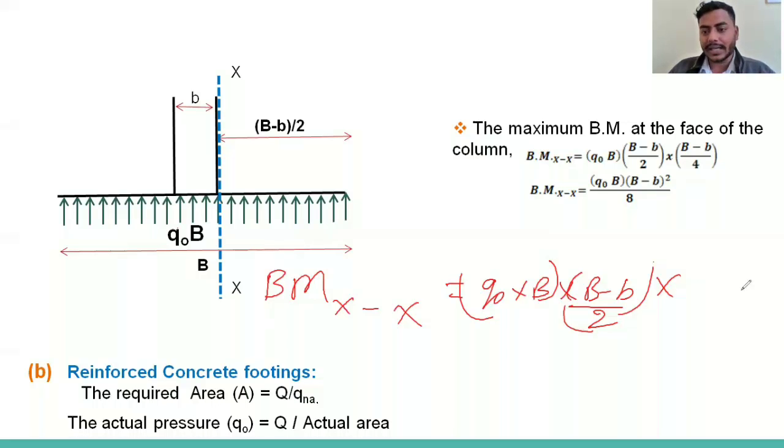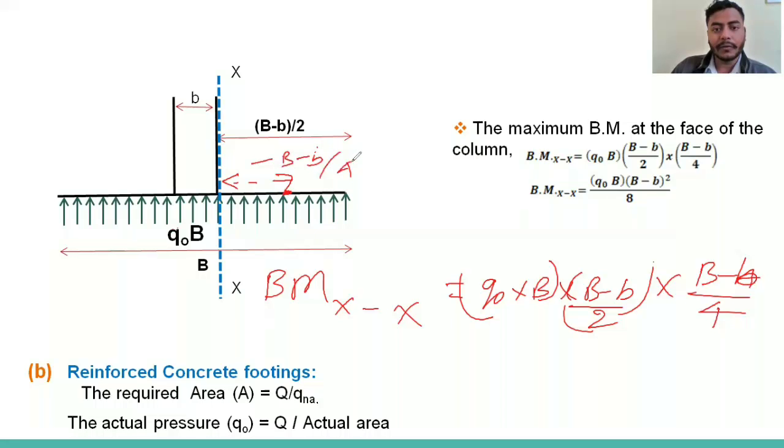The section is XX. At the section you will see that it is small b divided by 4. So that is the distance. The centroid will come from here, so from here to here the distance will be B minus b divided by 4.